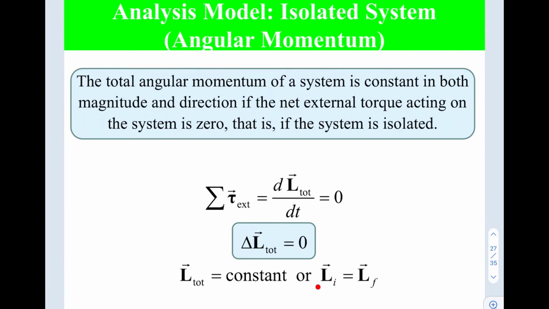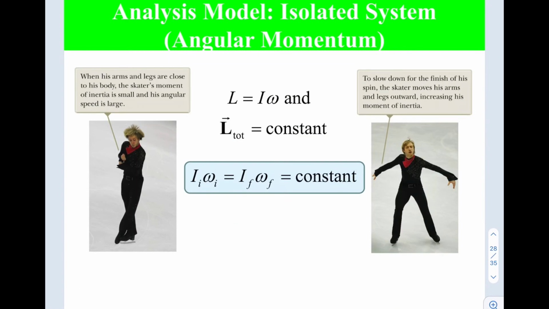At the end of it, we're going to have conservation of angular momentum, where initial angular momentum is equivalent to final angular momentum. The condition is the torque must be 0, then our system is truly an isolated system. Alright, so let's take a look at the analysis model here for isolated system.